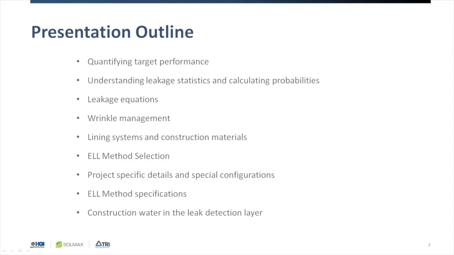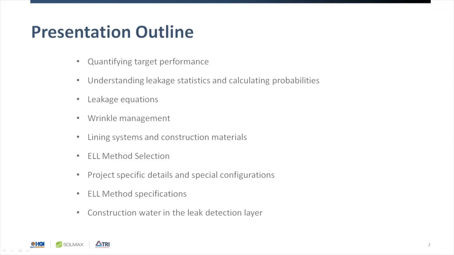So we're going to talk about how to calculate leakage through geomembranes and how wrinkles affect geomembrane leakage performance. Then we're going to go into different lining systems for various project configurations and construction materials, including geosynthetics and earthen materials, and how all of those types of materials and layering systems actually affect electrical leak location methods.